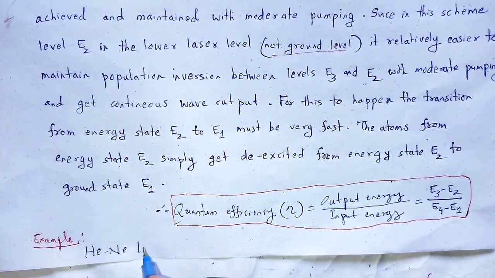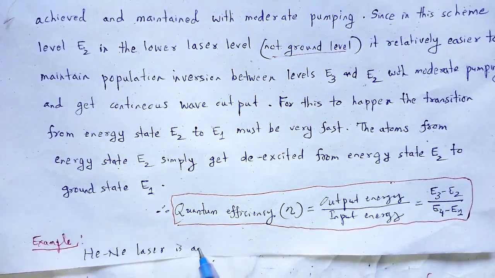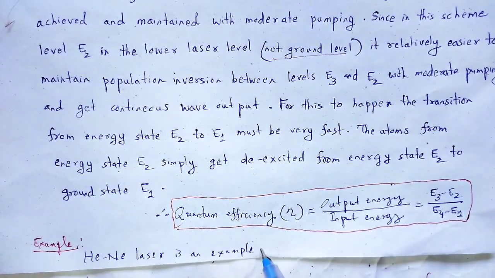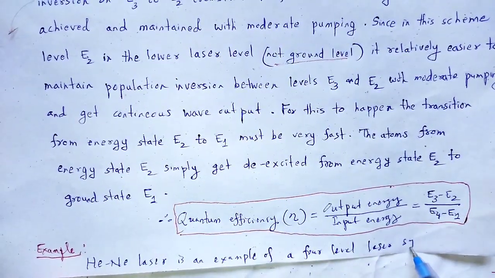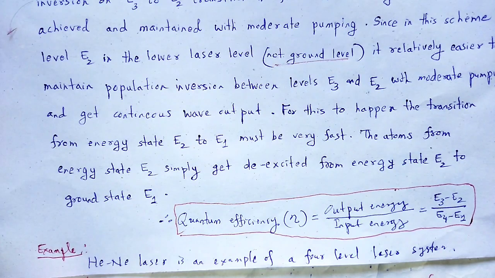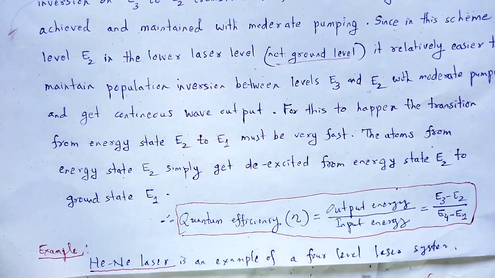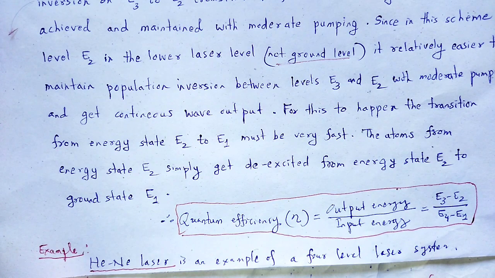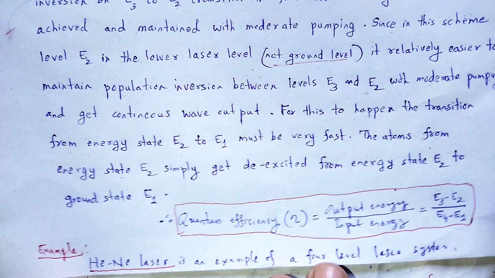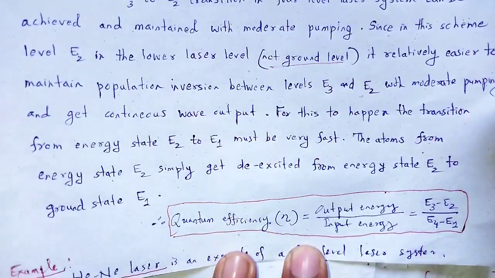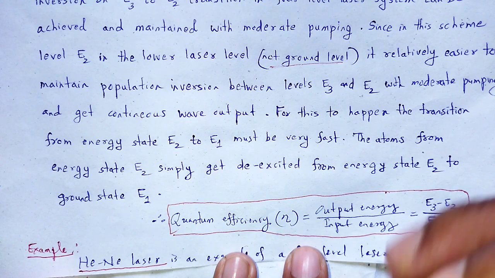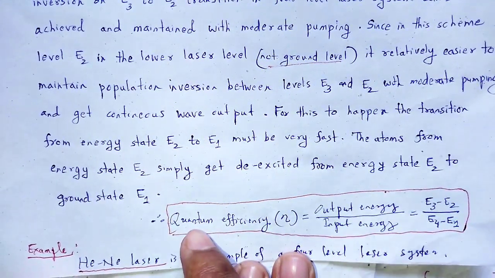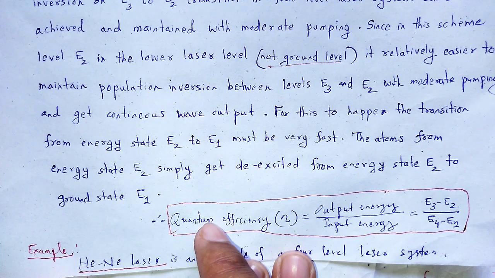When we compare the 3-level laser system and the 4-level laser system, the 4-level laser system is more efficient than the 3-level system, taking the quantum efficiency of the two.